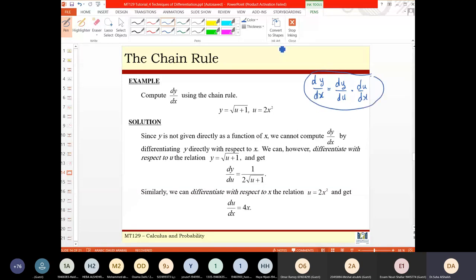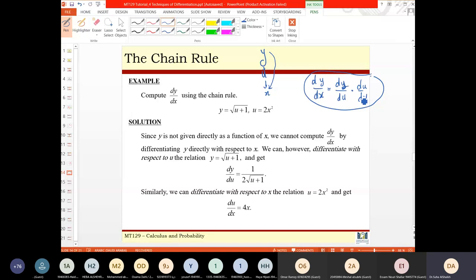There is an intermediate variable. I have y, a function of u, and u is a function of x. I can find the derivative of y with respect to x, but I must go through u first. So I have to find dy by du and then I find du by dx and multiply them to get dy by dx.